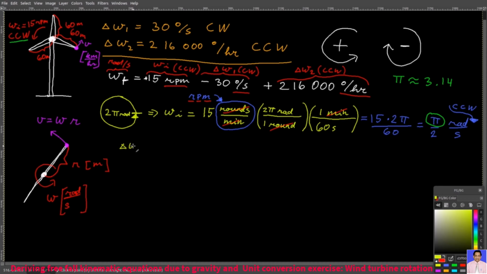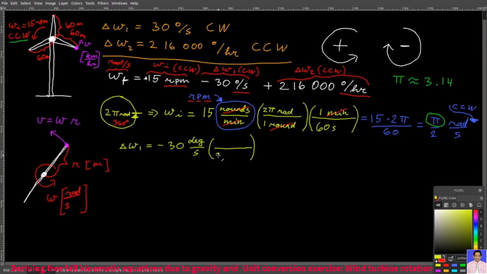Then we had delta omega 1, and that's minus 30 degrees per second. It's minus because it's clockwise, and it's a change of the angular velocity. And again, we want to convert it to radians per second. We already have seconds here, but we need to cancel out the degrees and replace them with radians. So again, I will have a ratio here. What I know is that 2 pi radians is equivalent to 360 degrees, because 360 degrees is also a full rotation.